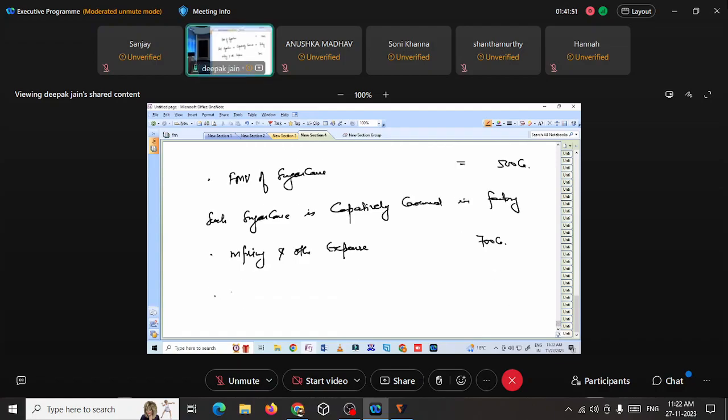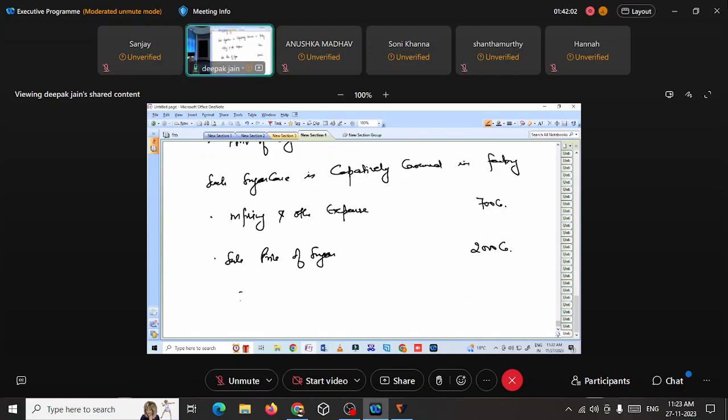Sale price of sugar 2000 crore. Compute agricultural and non-agricultural income. I will get it done, beta, you just write it down.